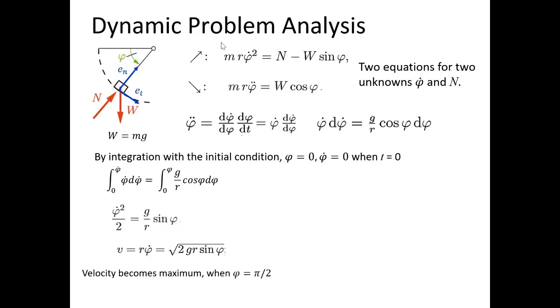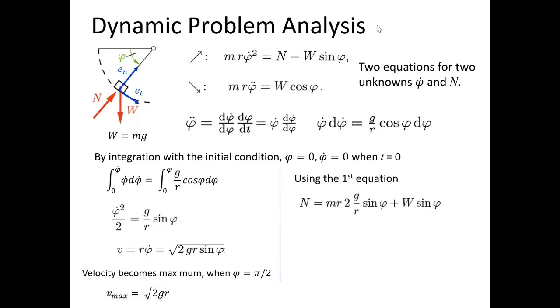At the same time, if you look at the normal force, or the constraint force N, using the first equation, you substitute W equals mg and the acceleration, using this relationship. Then you will simplify this to N equals 3W sine psi.